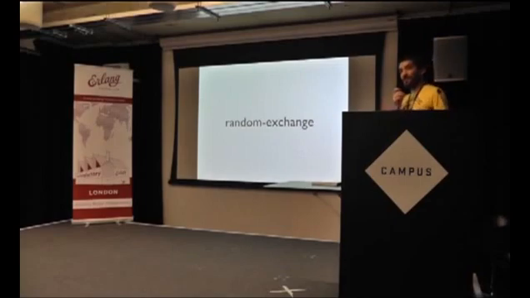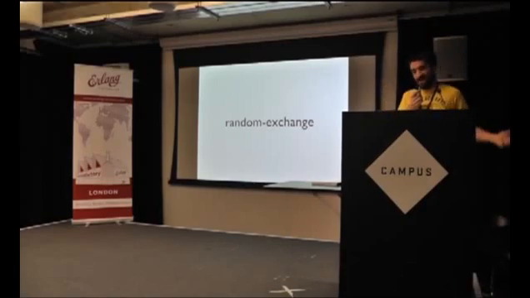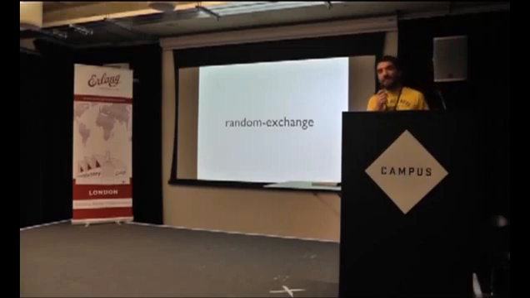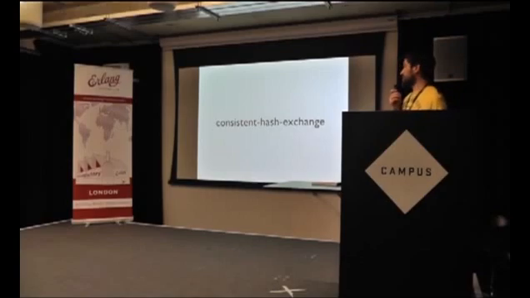So some guy wrote the random exchange. This exchange will route messages randomly to queues, so it will pick a queue randomly. As simple as that. Sounds silly, but maybe you can do load balancing with it. Then there is a consistent hash exchange that will distribute messages to queues in a ring using a consistent hash algorithm. You could use that exchange, for example, to shard messages to queues.